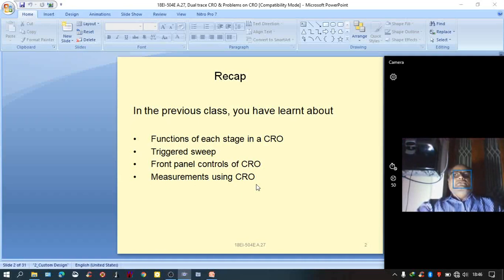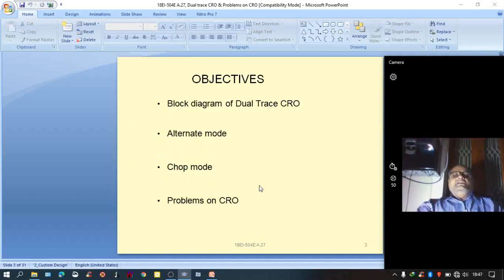Similarly, we can also find the phase difference and frequency of an unknown input signal with reference to a known frequency, known phase input signal. So up to this we have seen in the last class. Then coming to the present topic, dual trace oscilloscope.